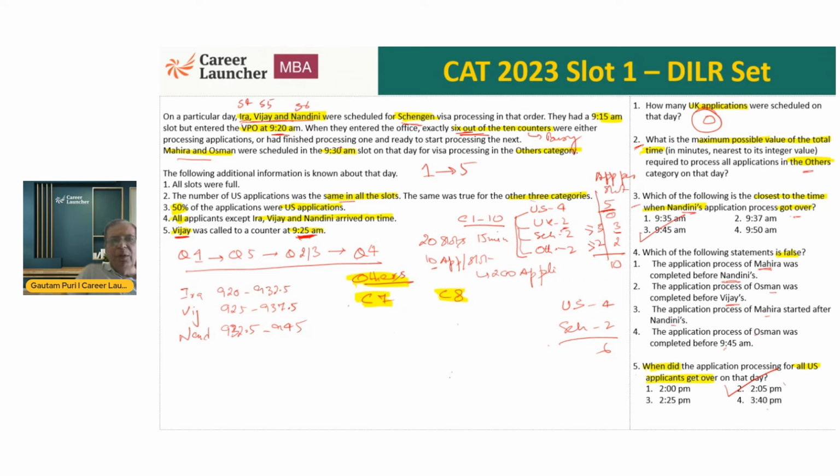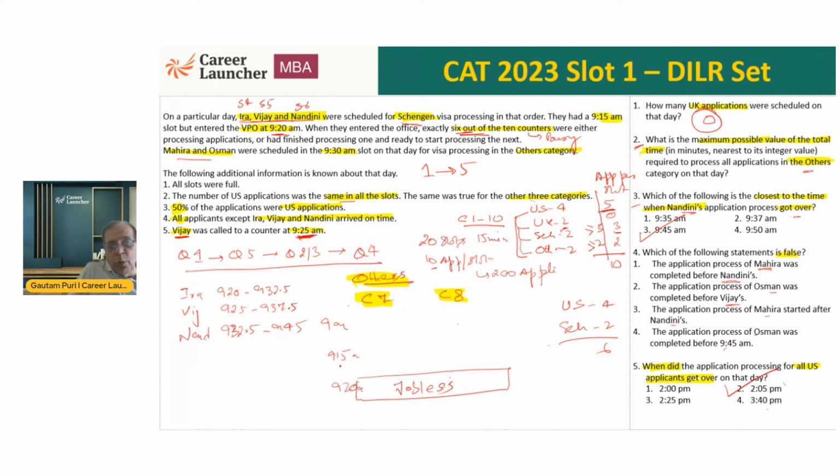Okay, hold on. Mahira and Osman are late. So sorry, my mistake. So at 9:20 a.m., the first lot for others came at 9 a.m., then the next came at 9:15 a.m., and at 9:20 a.m., others are jobless. The 2 counters which cater to others are jobless.